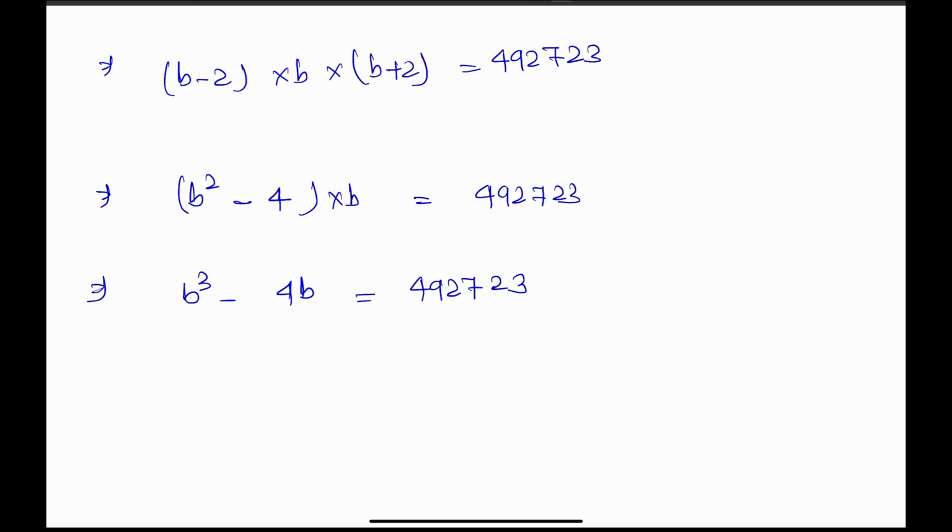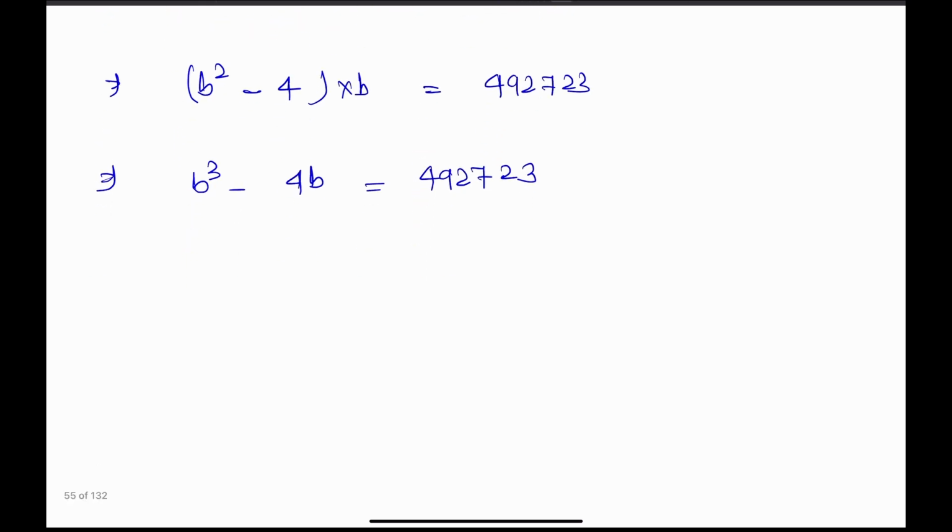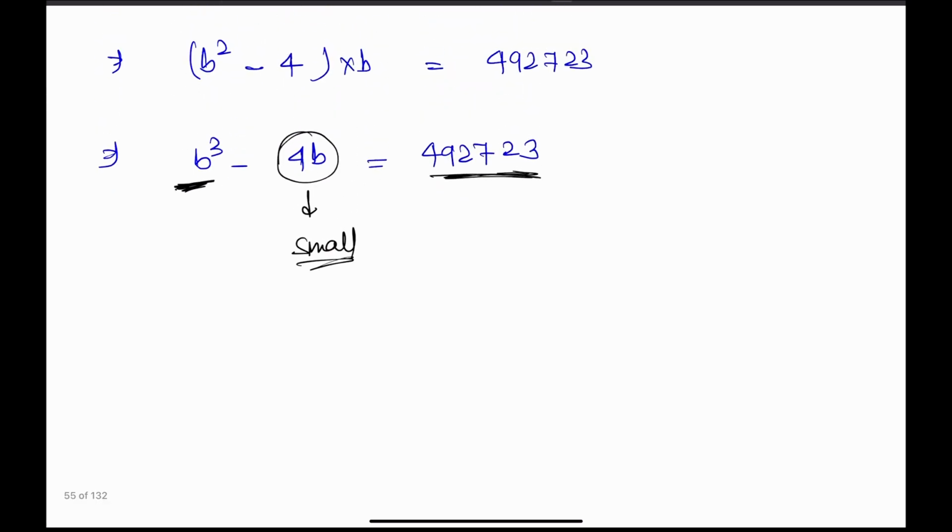So if we see this equation, what we can perceive from it is that this number is very big and this number is small. This 4b is very small as compared to this number, because this is positive also, and b cube I can say should be very big. That's why even after 4b is minus, it is near to this.